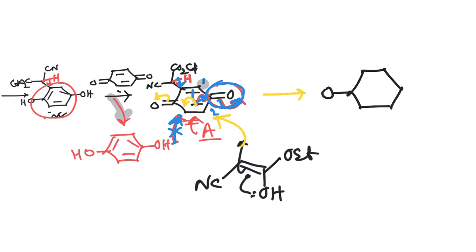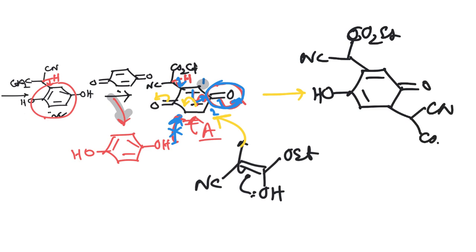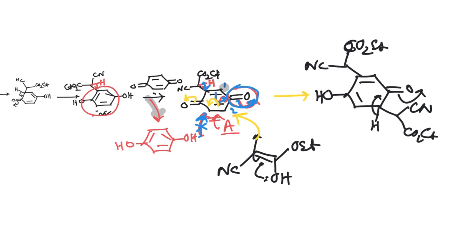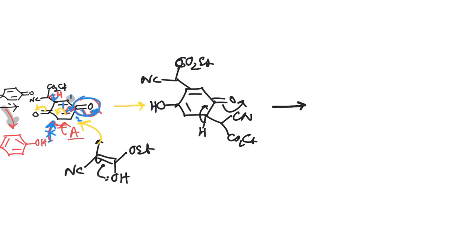So attack will easily take place over here, and the second enol will attack on this side. By that you will get something like this, CO2Et, and this. Here you have hydrogen, it will lose the proton and this will open, so by opening this you will get something like this.